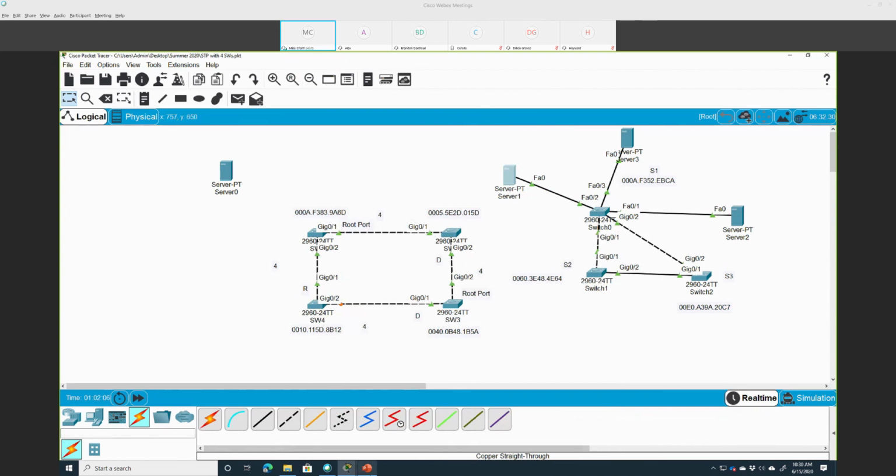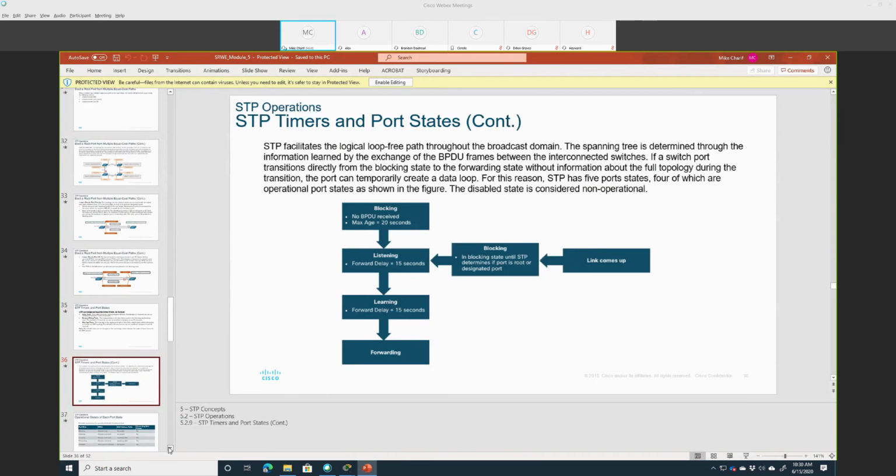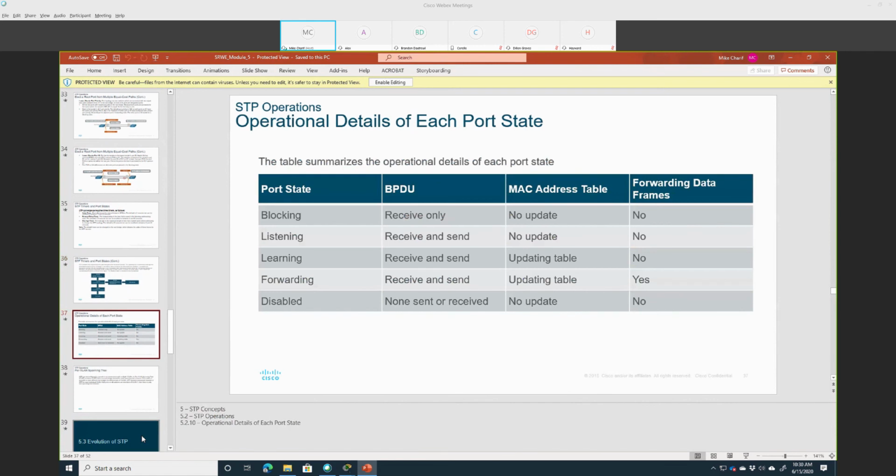Question about this point. And that's the state, the operational details of each port. It goes to blocking, listening, learning, forwarding, and disabled. And that's the BPDU. So when it's blocking, can we receive a BPDU? And the answer is yes.